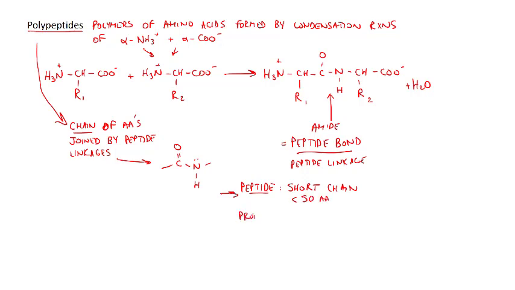A protein is the same thing, but longer, generally more than about 50 amino acids, although it depends on context somewhat. So what all polypeptides have in common is peptide bonds. What we have is a chain of peptide bonds and a chain of R groups on the side.